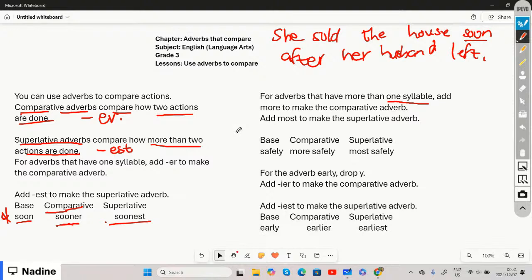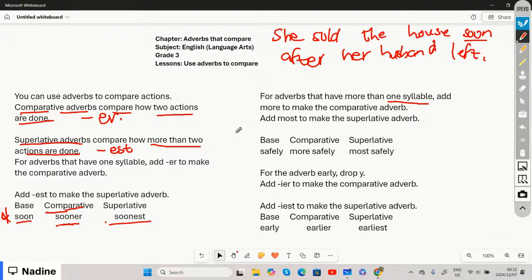All right. So we said that our base word is a word that is on its own. And remember, when it comes to our different adverbs, the superlative as well as the comparative adverbs, if it has more than one syllable, and remember, syllable, you can even use your hand to tap to see how many syllables there are.